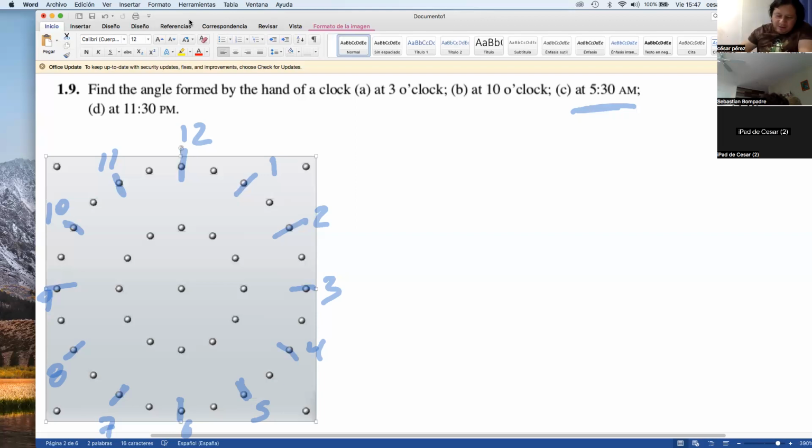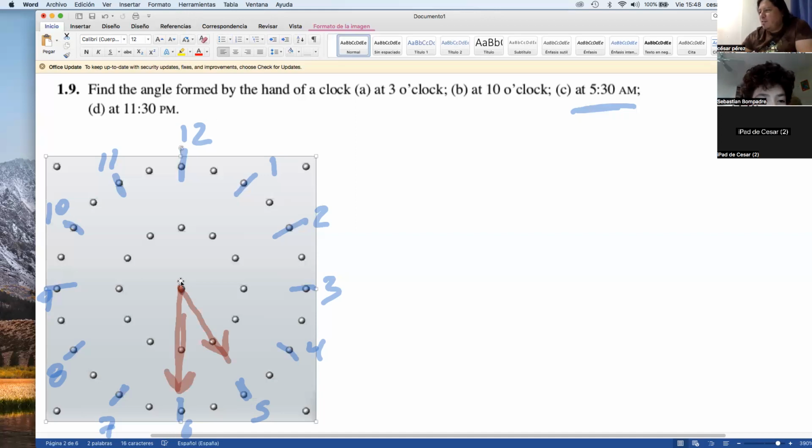Okay. Yes. Maybe that's a common mistake. It's saying that at 5:30 we will have the 5 here and the minute hand in this place.